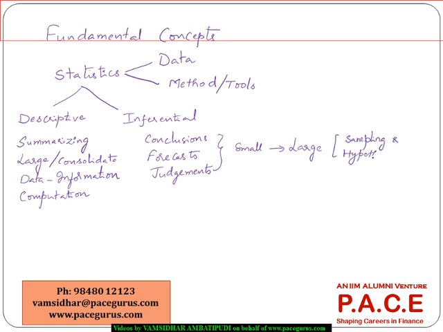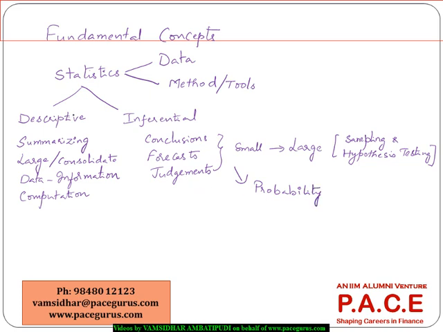Two major areas drive this inferential statistics world, whereas the computations drive the descriptive statistics world. The base for this entire inferential statistics is the theory of probability, which we'll be dealing with slightly later.